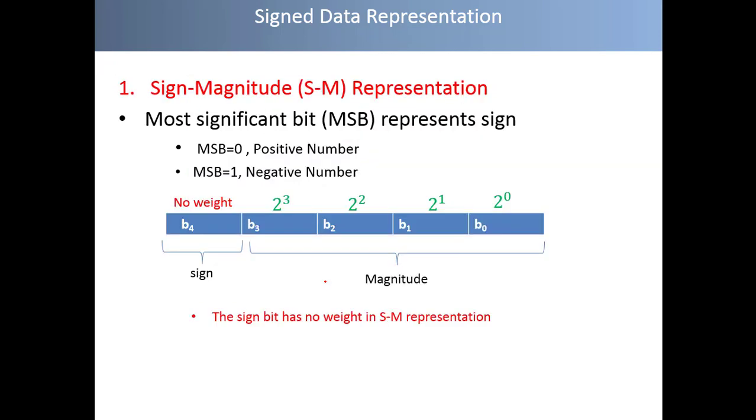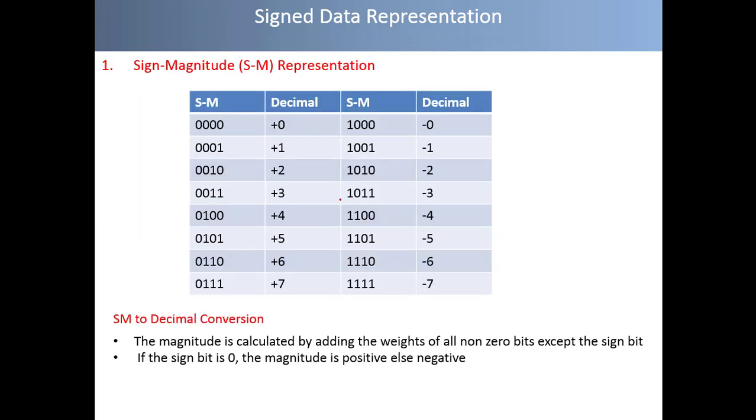And how to convert sign magnitude represented numbers into decimal representation? We simply ignore the sign bit and then compute the magnitude of the remaining bits by simply converting them into their decimal representation. This table shows examples of how to convert a sign magnitude representation into decimal.